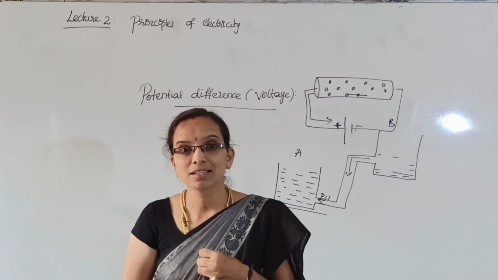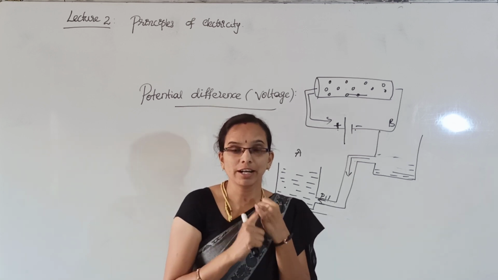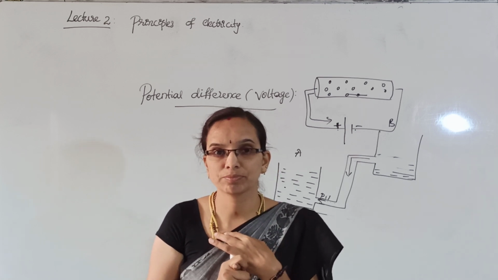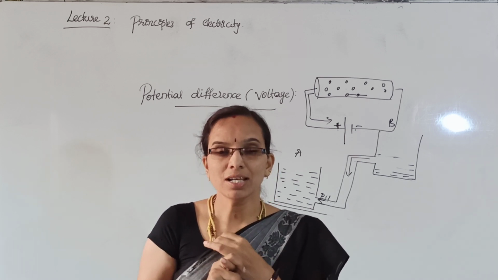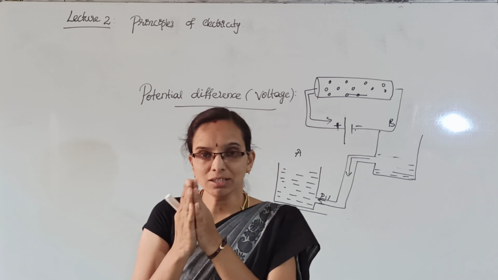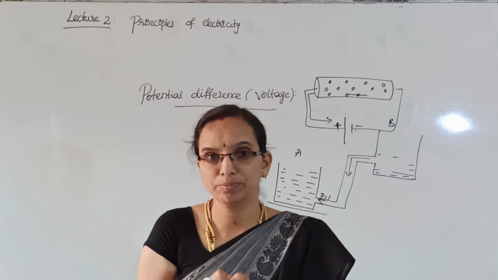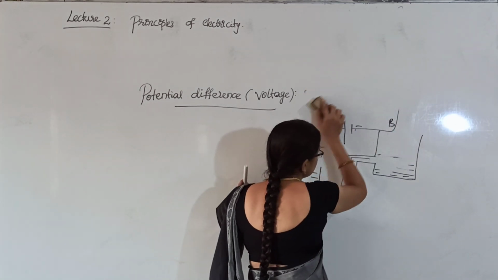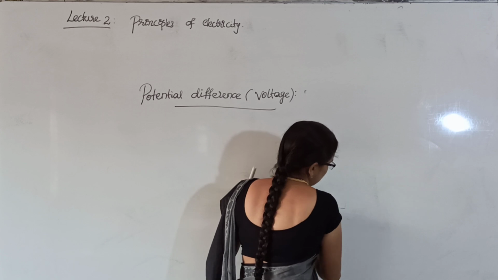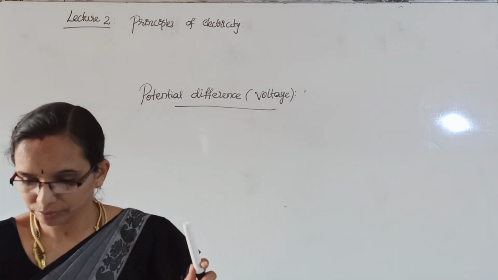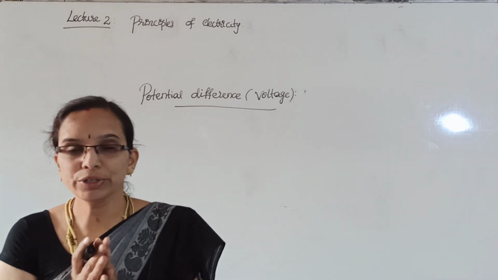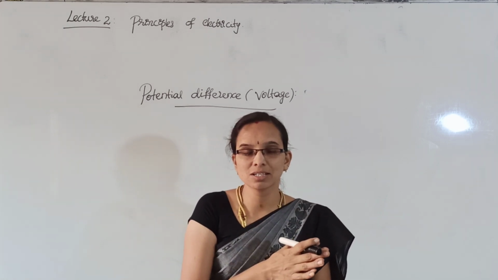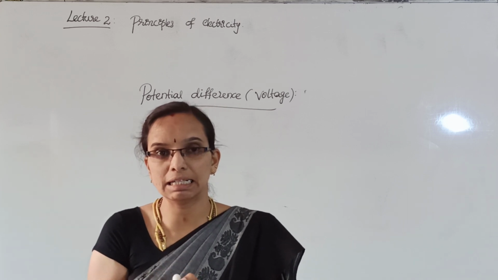So always the electrons travel from lower potential to higher potential, that is, negative potential to positive potential. Potential difference is nothing but the amount of work done in moving unit charge through a cross section of a conductor.